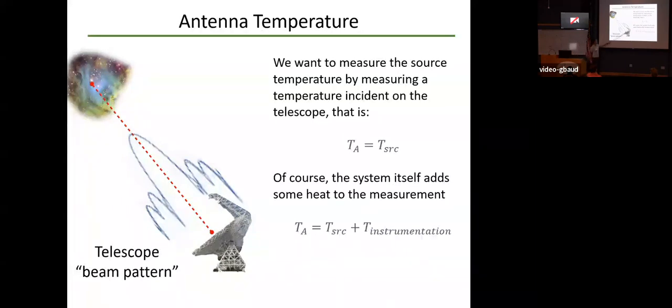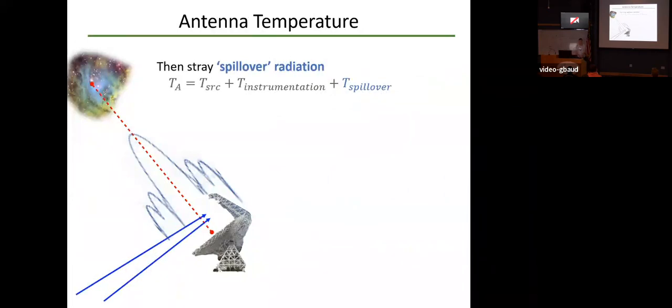Here we have a picture of the GBT and then a schematic of what the beam might look like. Your main beam is going to be stronger, and your side lobes are going to be pretty far down. We're looking at some beautiful H2 region over here. So not only do we have the instrumentation adding noise, we have spillover. There can be signals from the ground, nearby buildings, etc., adding temperature into our receiver.